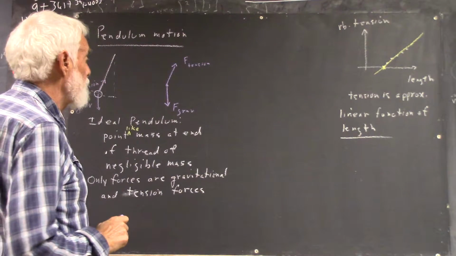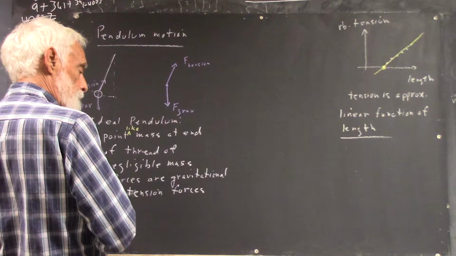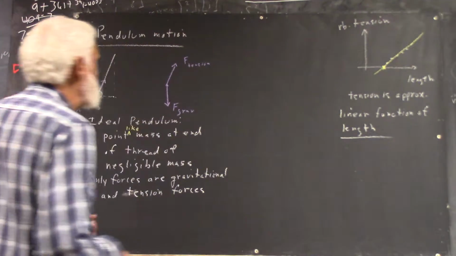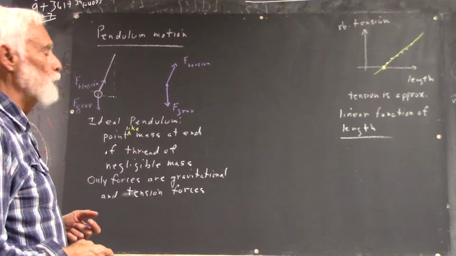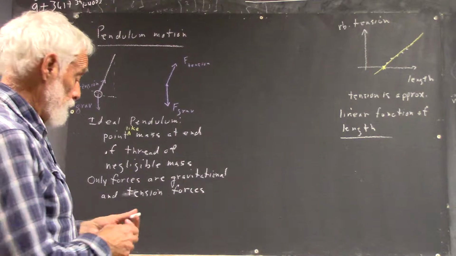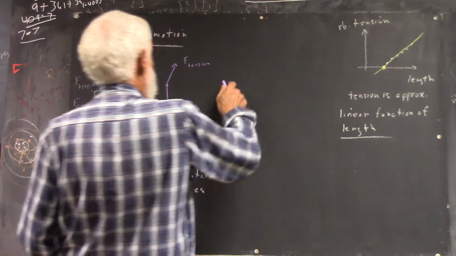Okay? And we can impose a set of coordinate axes on this. There are two alternative sets of coordinate axes that make sense for this. So this is an important point. So I'm going to draw it again.